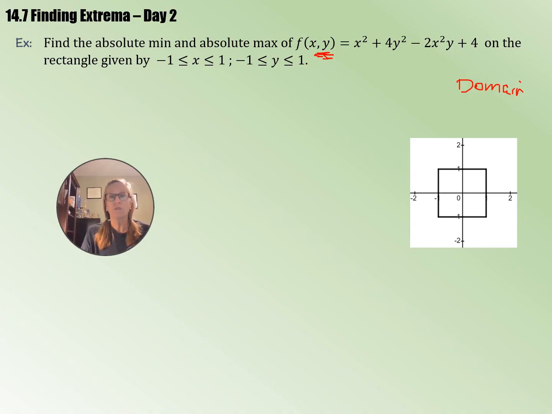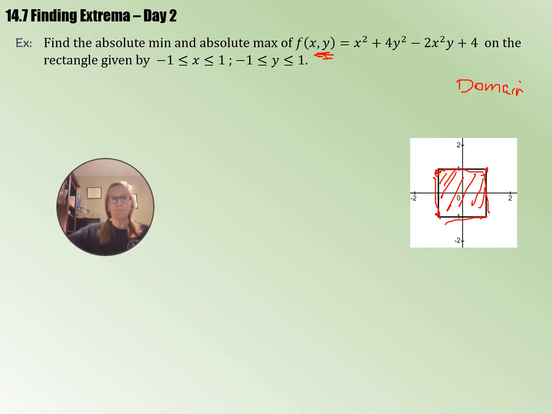But I only want you to use the domain from this square. So any x and y on the inside, any corner point, and any point on the borders or the boundary. Those are the only points that we're going to consider our domain.